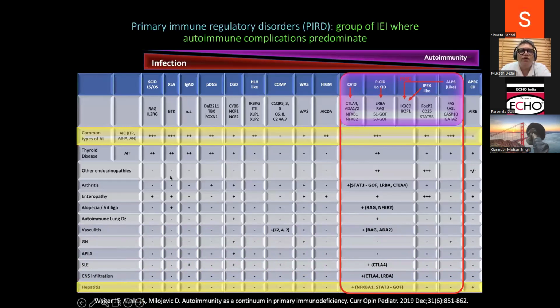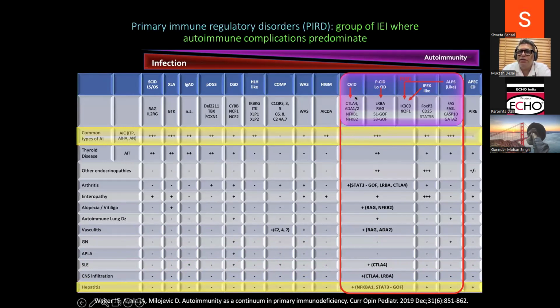Now, you would have noticed that combined immune deficiencies, antibody deficiencies, phagocytic defects, immune dysregulatory disorders like HLH, and complement defects can all come with multiple autoimmunity, of which the commonest is autoimmune cytopenias.